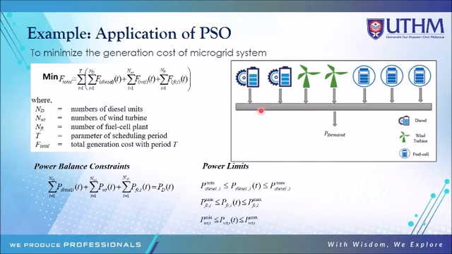This power output becomes our variable: the best power output for generator 1, generator 2, generator 3, and so on. That's the parameter that we want to determine by using the optimization algorithm.